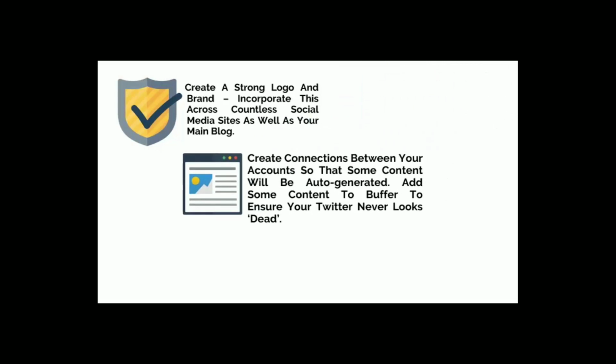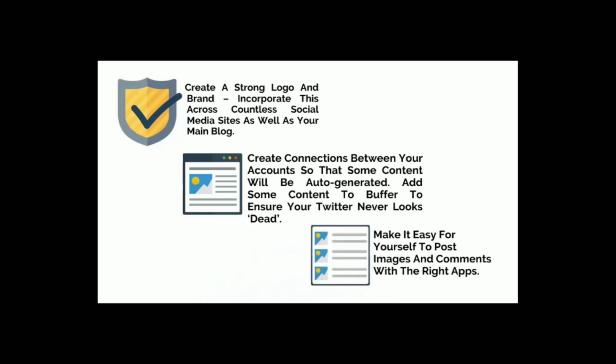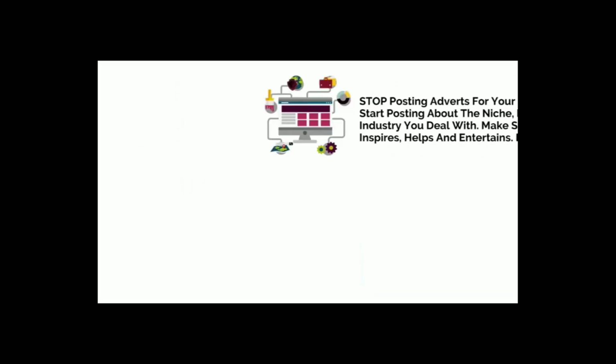Incorporate this across countless social media sites as well as on your main blog. Secondly, create connections between your accounts so that some content will be auto-generated. Add some content to Buffer to ensure your Twitter never looks dead. Make it easy for yourself to post images and comments with the right apps.